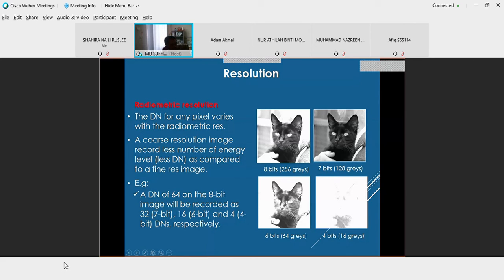Kalau 6 bit, it has only 64 gray values from 0 to 63. Kalau you pakai 4 bit, ni nampak kat sini dia tak apa clear. Sebab dia punya gray color tu dia cuma ada 16 je, 0 sehingga 15.